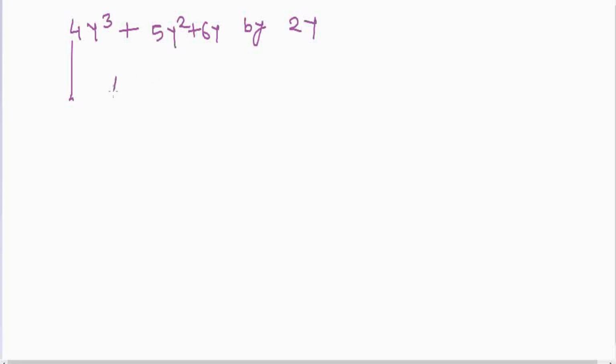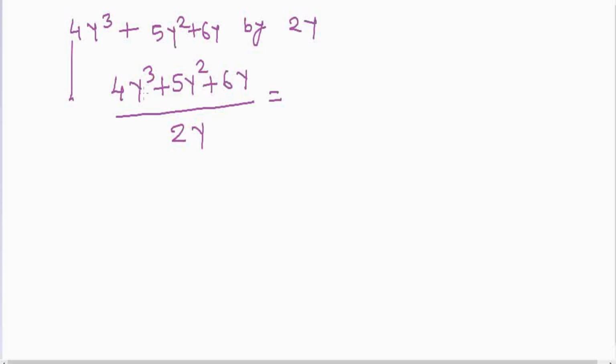That is like this: 4y cube plus 5y square plus 6y divided by 2y. Now see the numerator, friend.